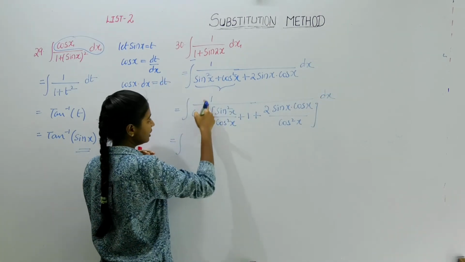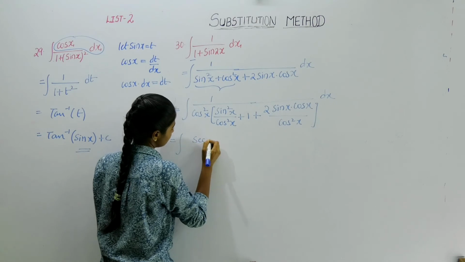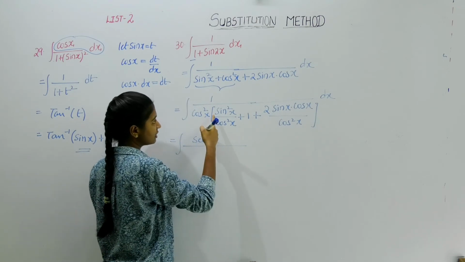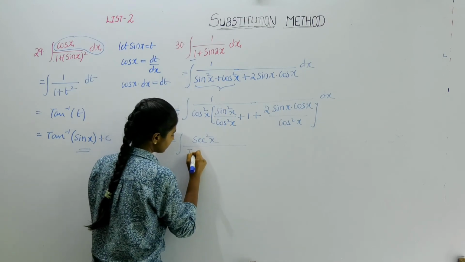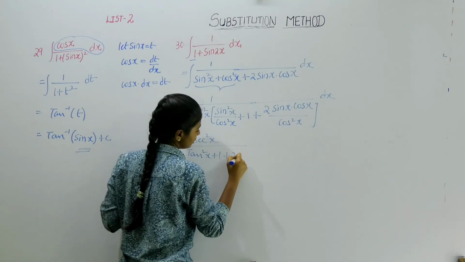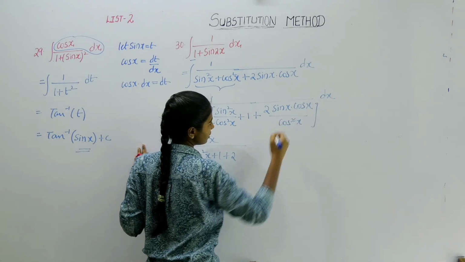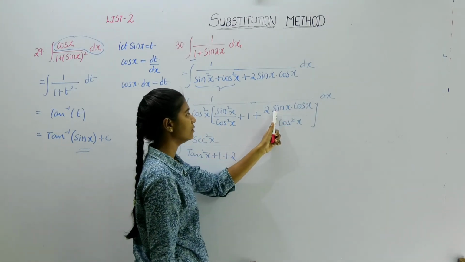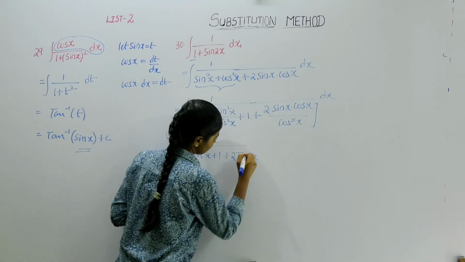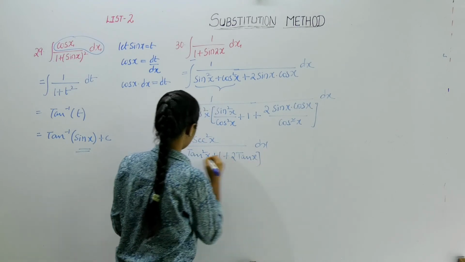Now integral 1 by cos square x can be written as secant square x, and in the denominator sin square x by cos square x is tan square x plus 1 plus 2 into sin x by cos x, the cos gets cancelled. It is tan x dx.